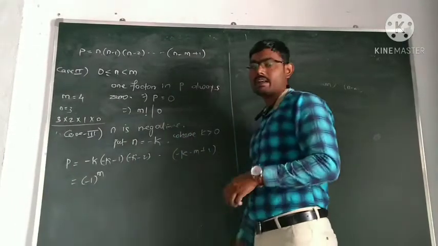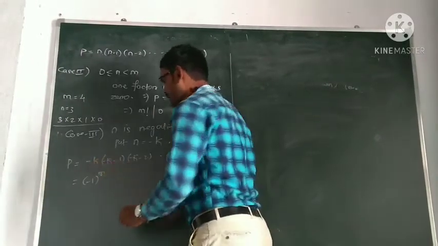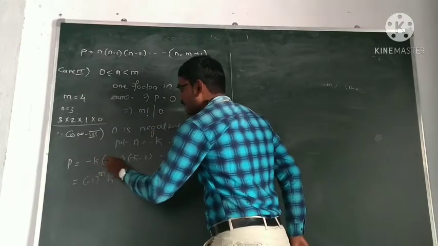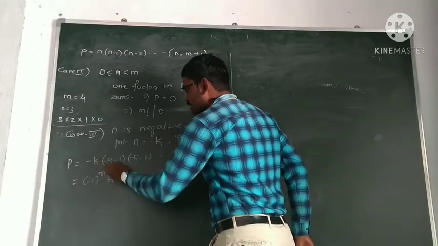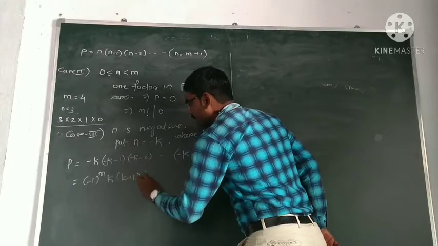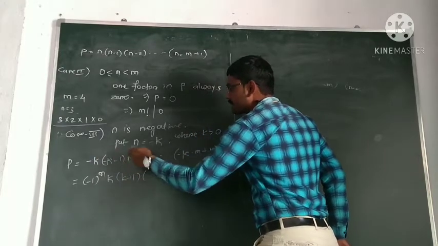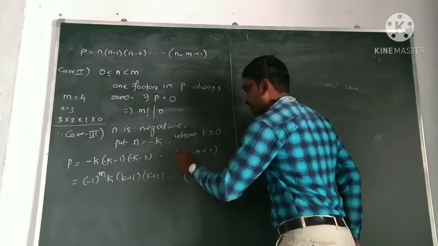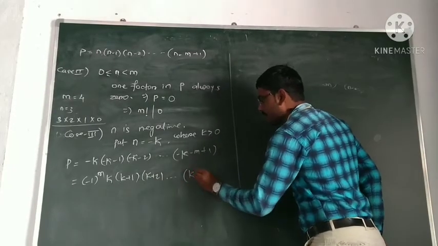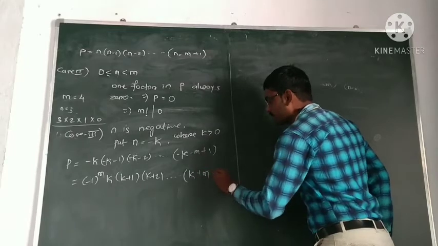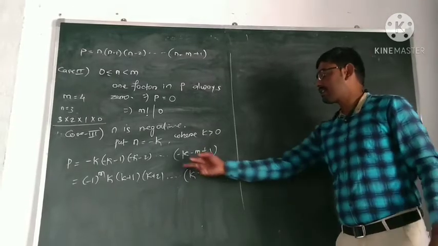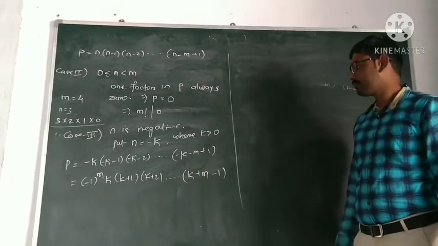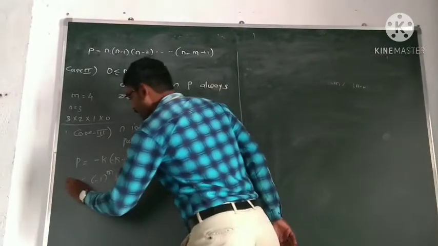Now we have taken minus outside, so minus k becomes k, then k plus 1, then k plus 2, up to k plus m minus 1. This is the value of p now.